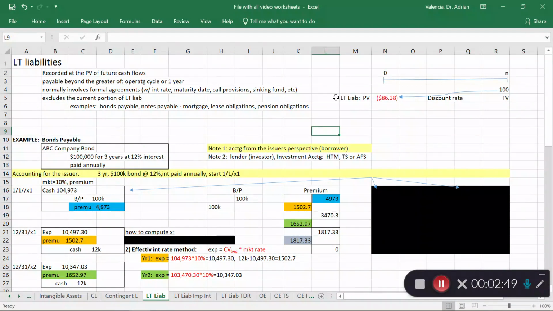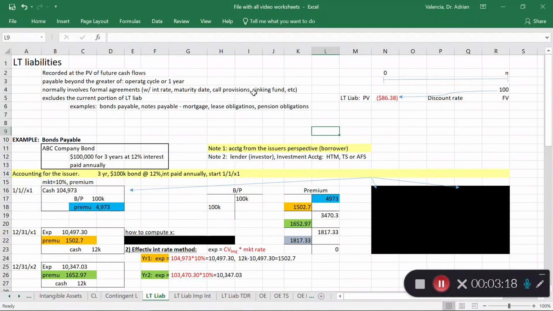So normally with long-term liabilities, there's usually a little bit more work because you have to do this discounting effect. A long-term liability normally involves formal agreements that will dictate the rate, the maturity date, any call provisions, meaning whether you can call it in early to pay it off, and sinking fund requirements, requiring the company that borrows the money to put money aside.